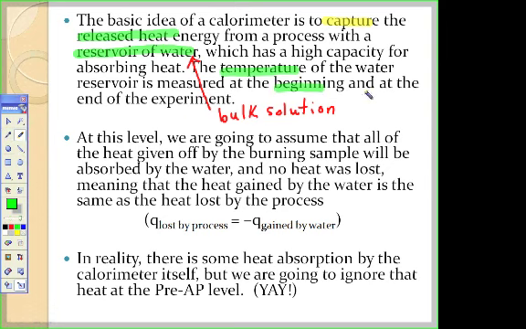At the beginning, you measure it, and at the end, and we're going to use MCAT. And we get to make the assumption that no heat was lost by the calorimeter, and it was all in the water. So heat loss by the process is equal in magnitude but opposite in sign. So that's why that's a negative sign right there.